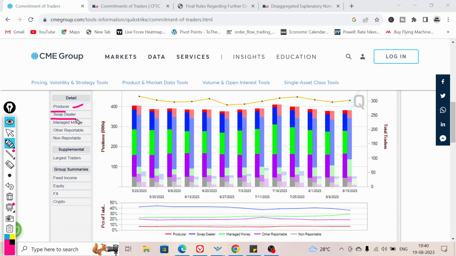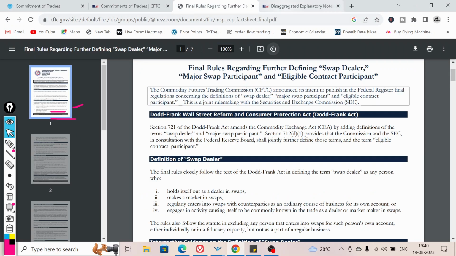The swap dealer is a bit complicated, but let me try to explain this to you. You can read, this is the data from the CFTC. As per their notes, the definition of swap dealer is: first, those who hold themselves out as a dealer in swaps. Second, makes a market in swaps.